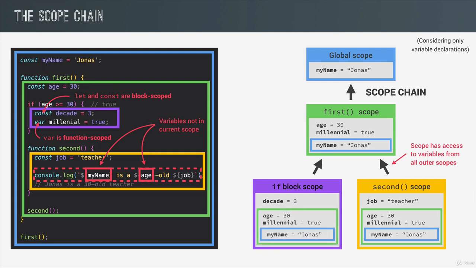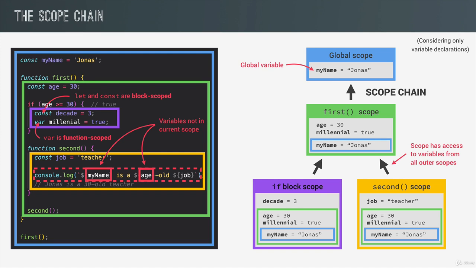So from the first function scope and of course from the global scope. That's why I said in the last slide that variables in a global scope are accessible from everywhere. They are because they are always at the top of the scope chain. In fact, we call variables in the global scope global variables. Very creative, right? But we actually use this term a lot in JavaScript.